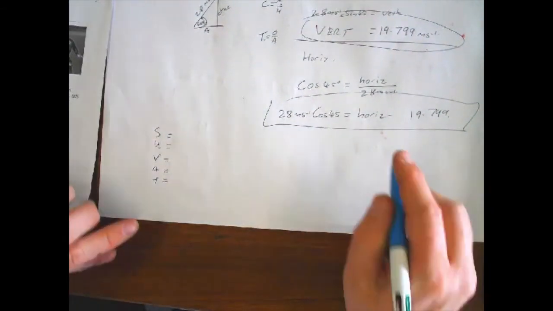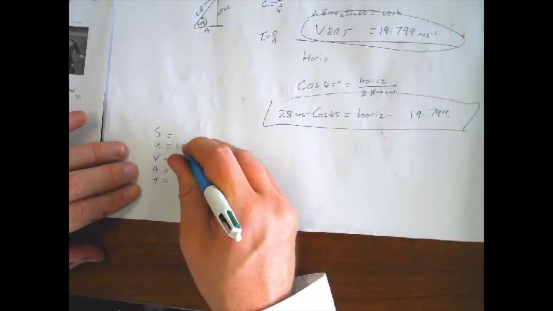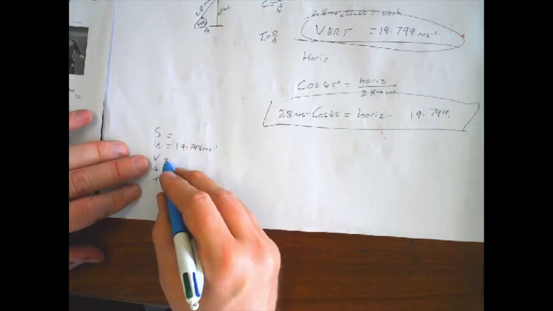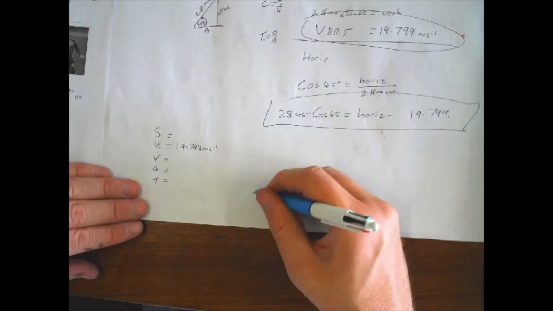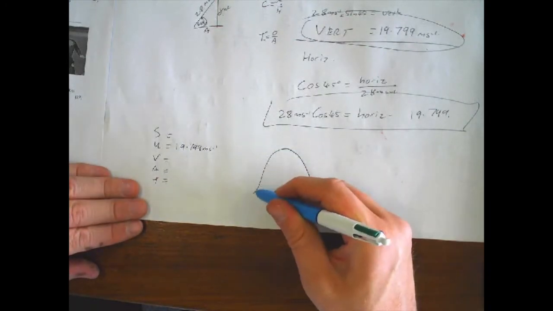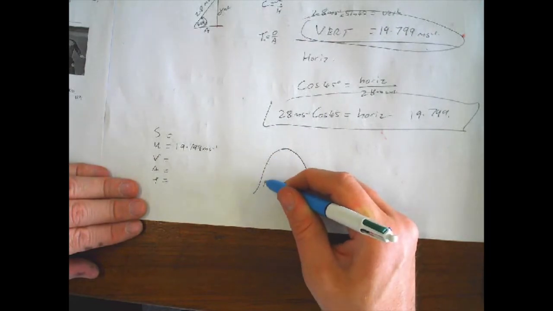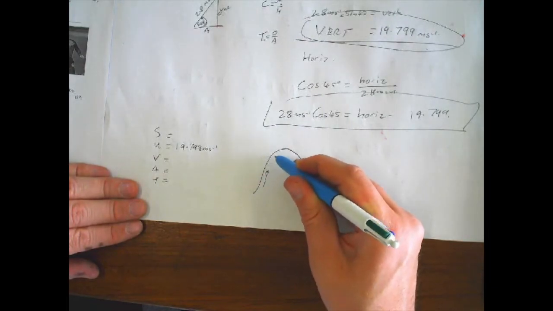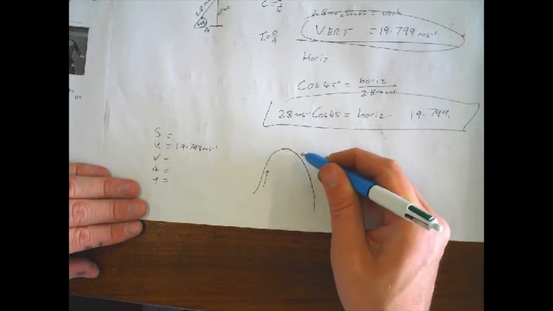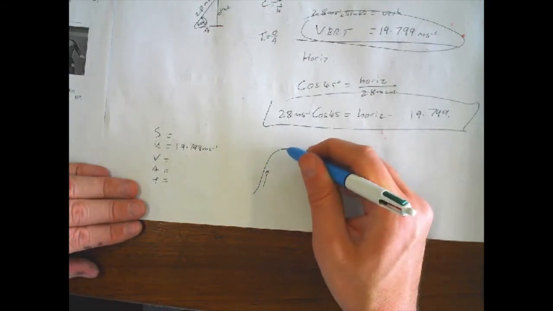What do we know? We know that the vertical component of the initial velocity was 19.799 meters per second. Now here's the tricky thing: when you throw a ball, it goes up and then it comes down. In terms of vertical movement, during this section it's going up, but it's going up less and less fast. It's decelerating. When it's falling down, it's going down, and it's getting faster, faster, faster.